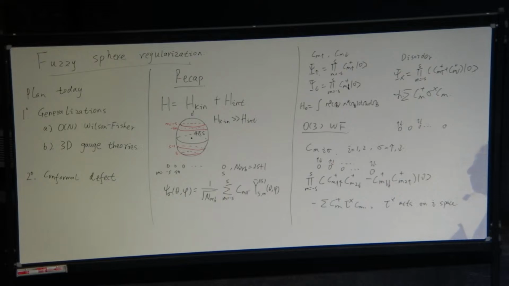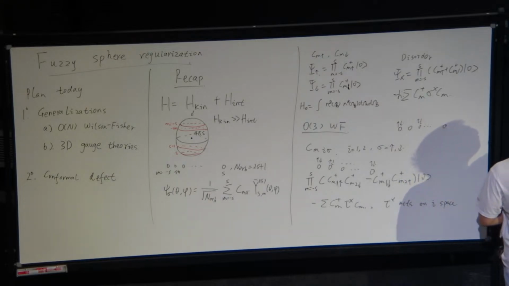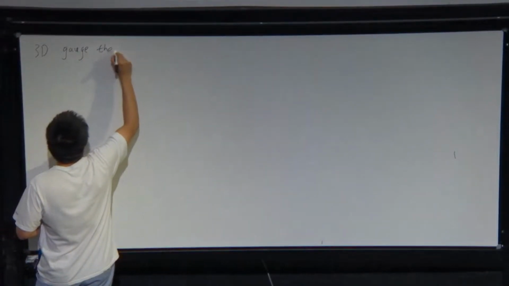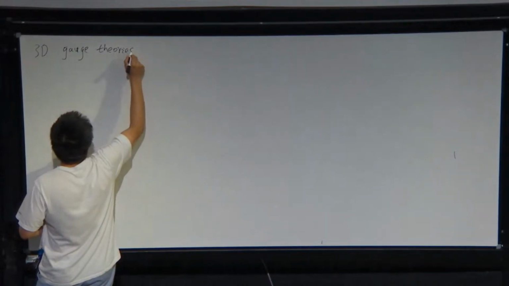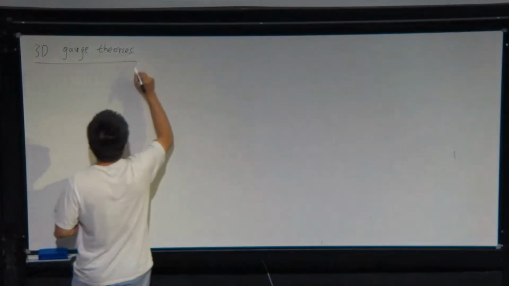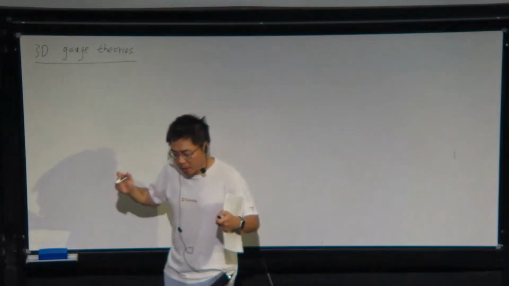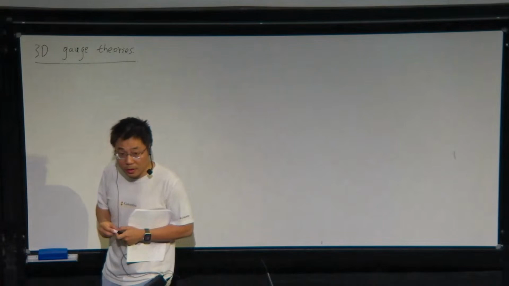Okay, that's the Wilson-Fisher. Now let's move to something more interesting, that is 3D gauge theories. The gauge theory I'm going to consider is Dirac fermions coupled with a certain gauge field.